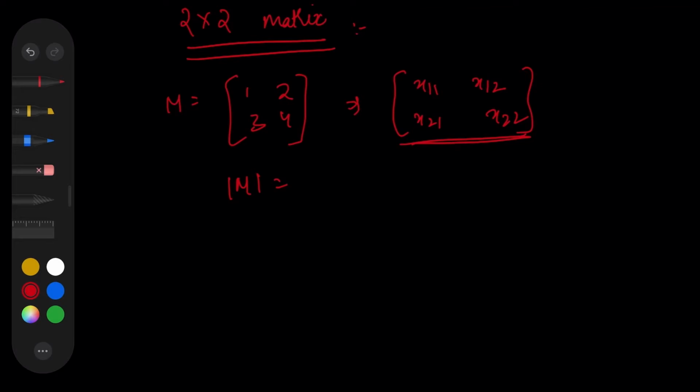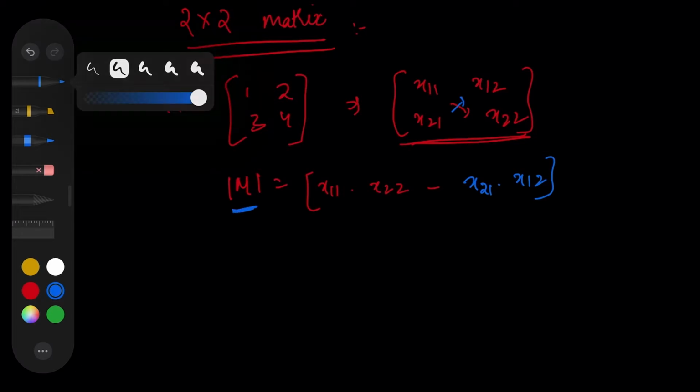So here what we generally do to find the determinant for a 2 cross 2 matrix is multiply x11 and x22, and this product is now subtracted by the product of x21 times x12. So this will give you the determinant of the matrix M, right?